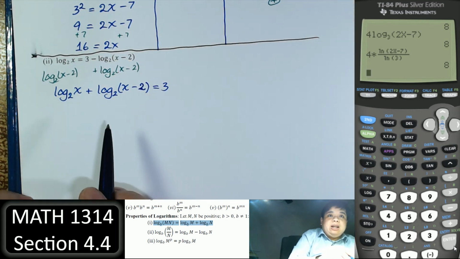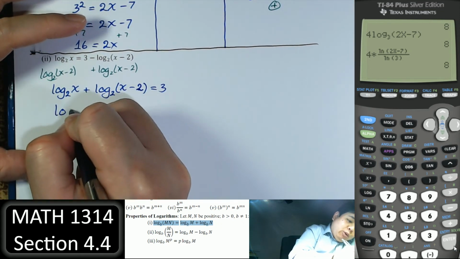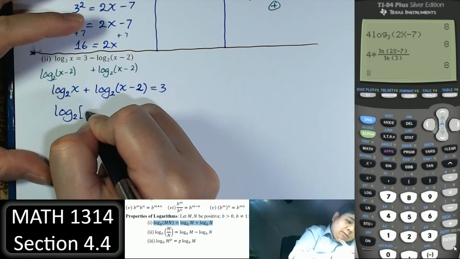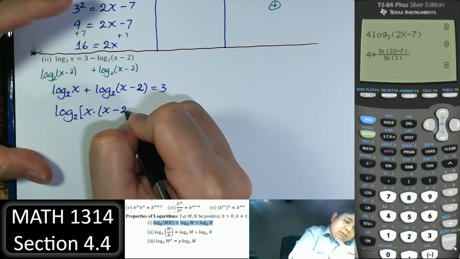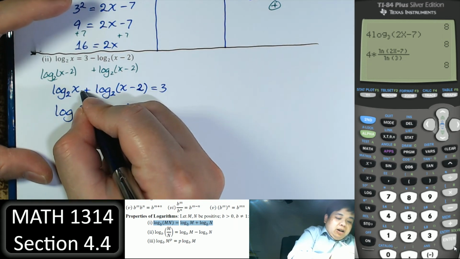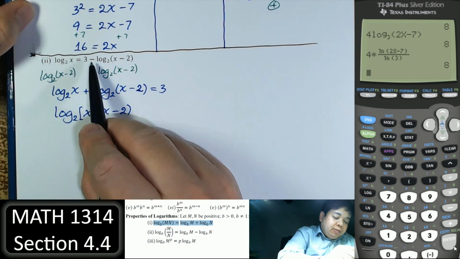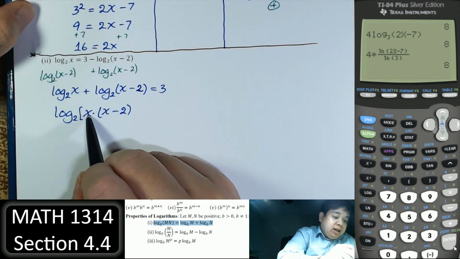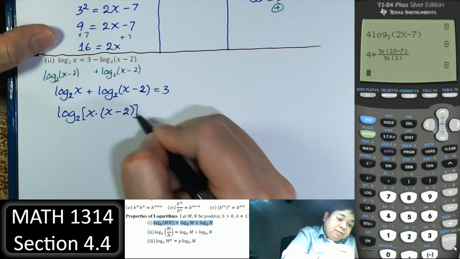Now once again we use the properties that we highlighted and we combine them. If there's a difference, then that will be divided.